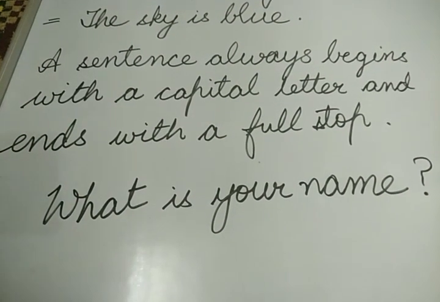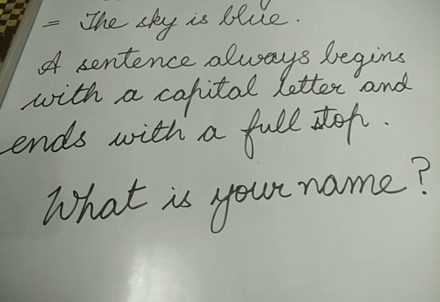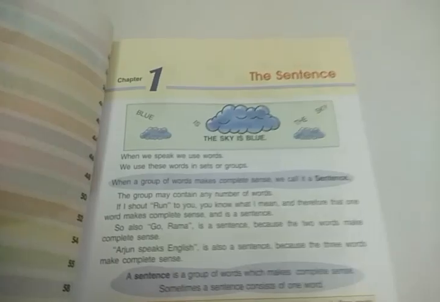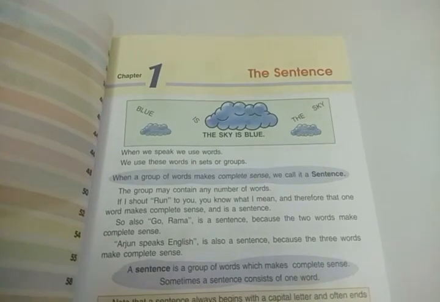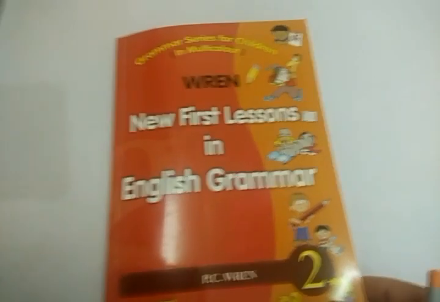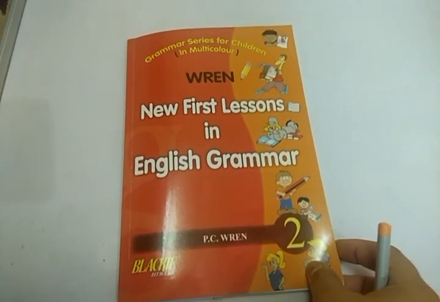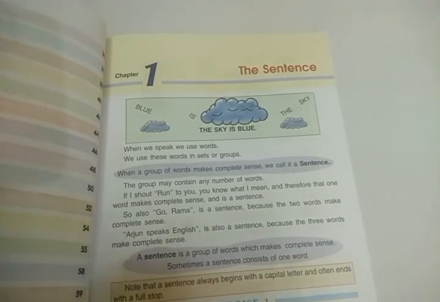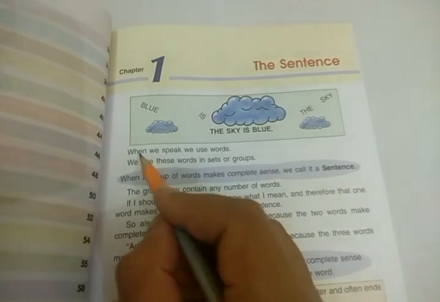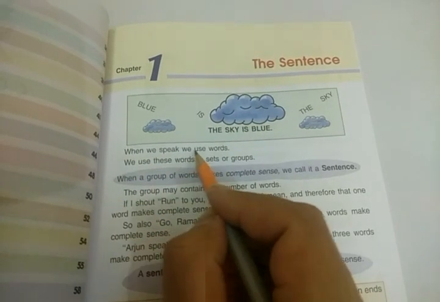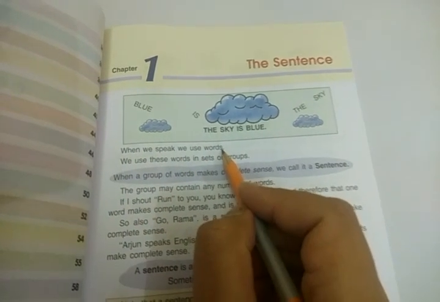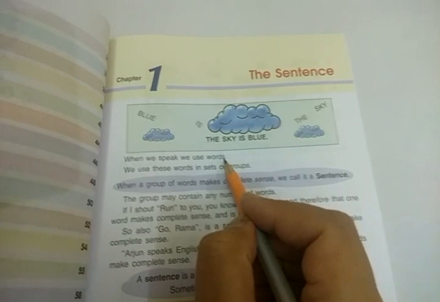Now we will begin from the book. So now children, take out your English grammar books. Page number 1, lesson number 1, the sentence. Now we will read from here. When we speak, we use words.